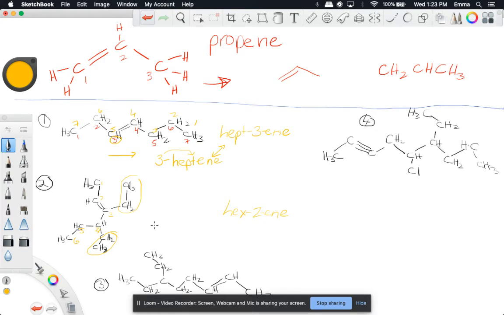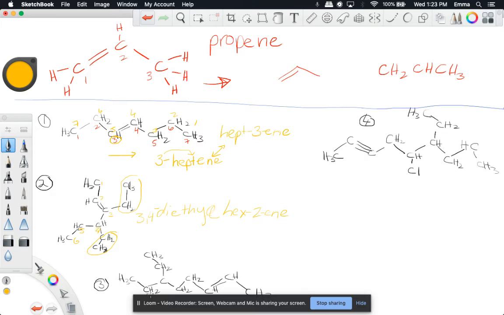That's where we use the prefix di, tri, and so on for the side chains. Because there's 2, we would say di, and because there's 2 carbons, it's ethyl. Then we label the carbons those side chains come off of on the backbone, carbon number 3 and carbon number 4. So it's 3,4-diethylhex-2-ene.